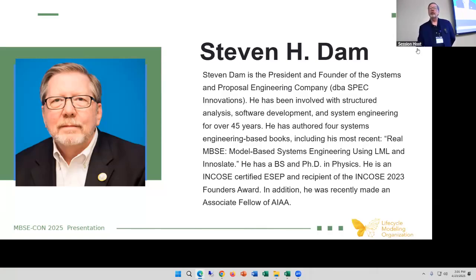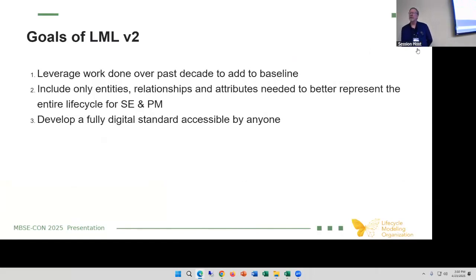We were an intentionally small business. People always ask why we haven't grown. Because I worked in big companies and I don't want to. I do have an ESEP from INCOSE. I'm an AIAA Associate Fellow and a member of the Systems Engineering Technical Committee at AIAA, so I'm pretty involved in systems engineering.